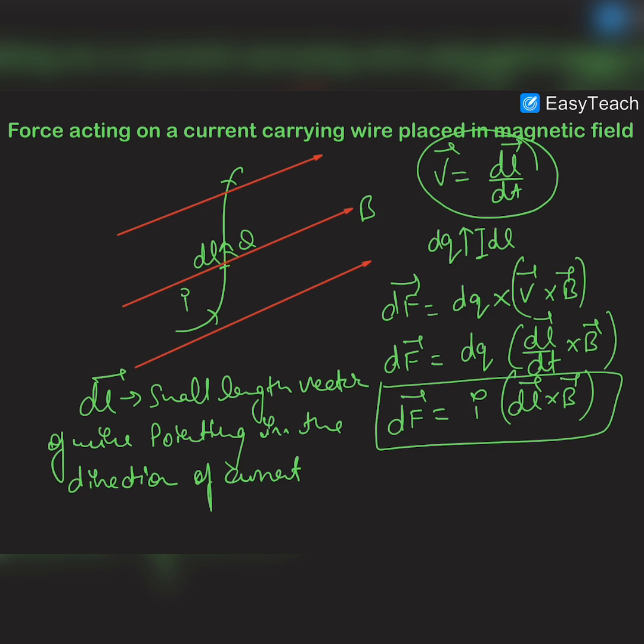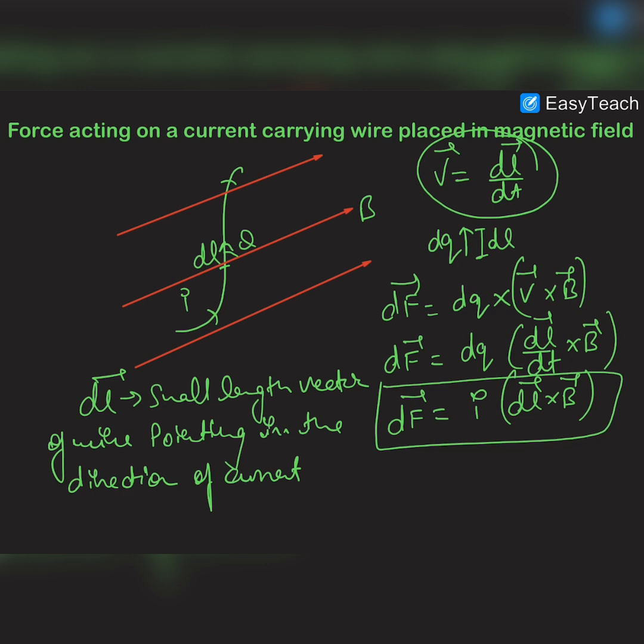Specifically in this case, dl is written before B, so dl cross B will be pointing inside the plane. You can rotate the fingers of your right hand from dl to B like that. So fingers would be rotating in clockwise sense and the thumb would be pointing inside the plane. So the direction of dF would be inside the plane.